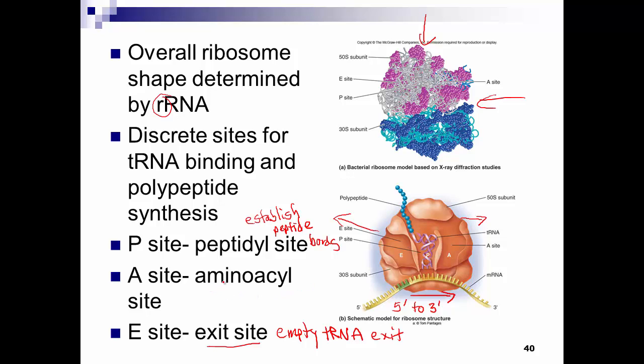The A site, the aminoacyl site, is where we accept charged tRNAs that carry the correct anticodon for the next amino acid to be added to the chain. It's very important you orient yourself and at least have a basic understanding of what each site does, as in the next virtual lecture, we're going to break down each step in translation.